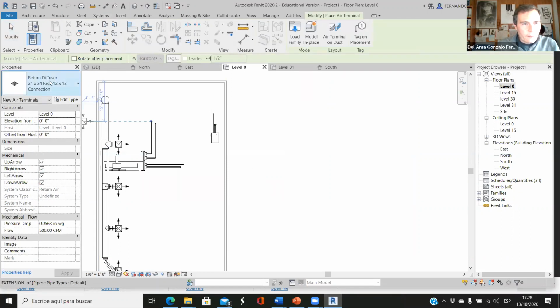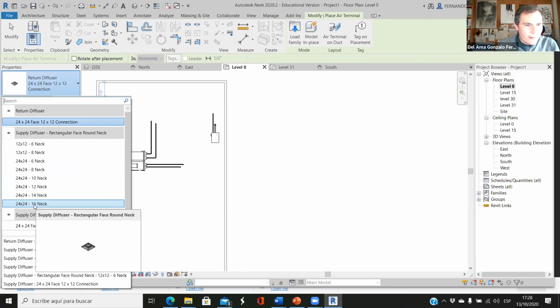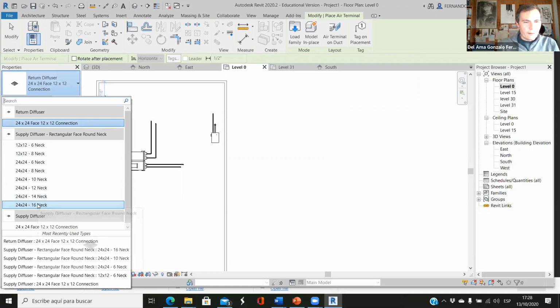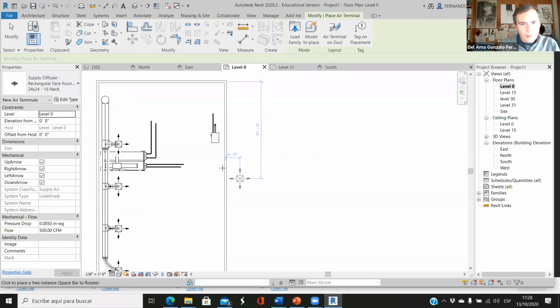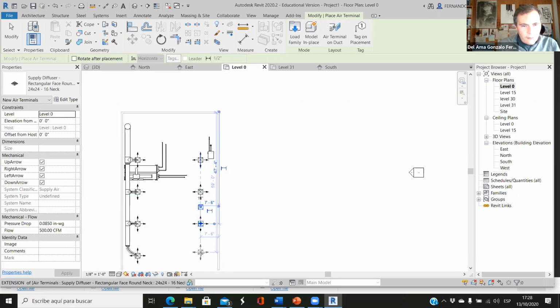systems, air terminal, return diffuser, and this is 12 by 12, but I want a 16 neck. Okay, so the neck is the diameter of the flex duct. So this 16 is good enough. And I can place it here, and here, here, and here.